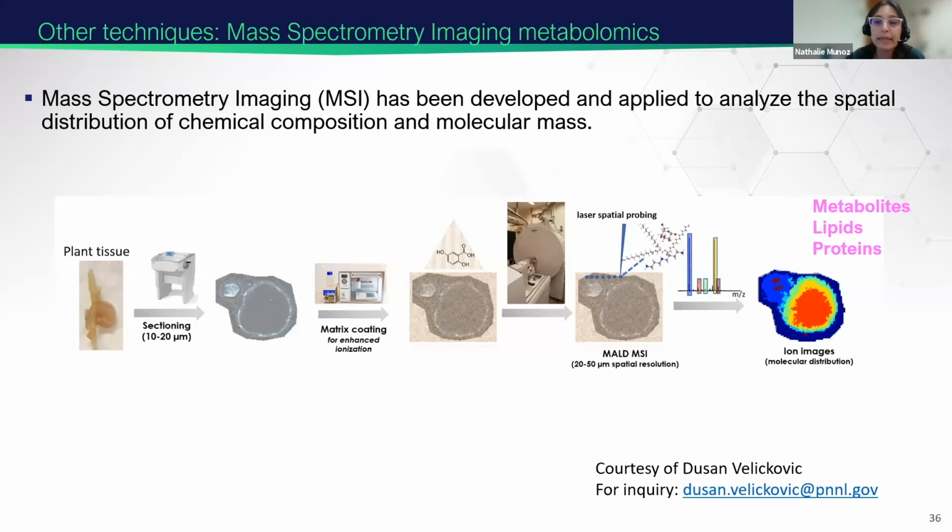And at the end, when you get the spectra, you can use computational software to select a specific m/z value, and you can generate heat maps that show you the intensities of the metabolites or of the molecular species present. And identification is done after that based on MS/MS or by intact mass if you're using a database.